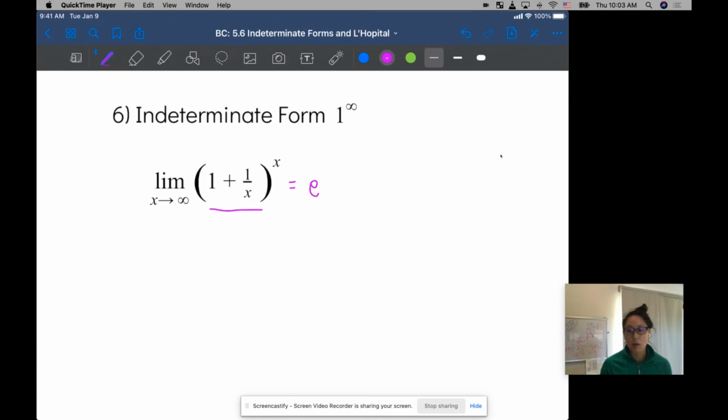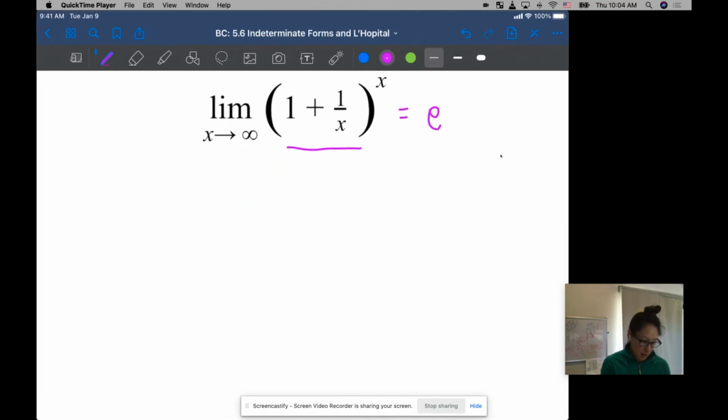So this, remember with our compound interest, that if I split the rate infinitely, we end up with the value e. So we're going to prove that this special limit is equal to e. Okay, so I have y is equal to the limit as x approaches infinity of 1 plus 1 over x raised to the x.